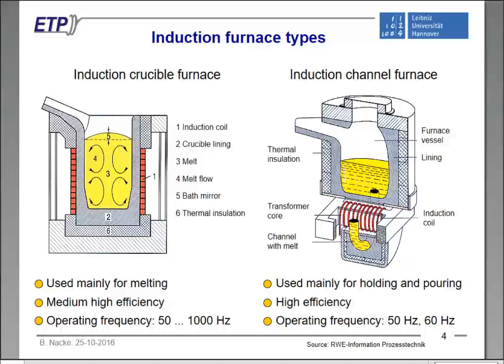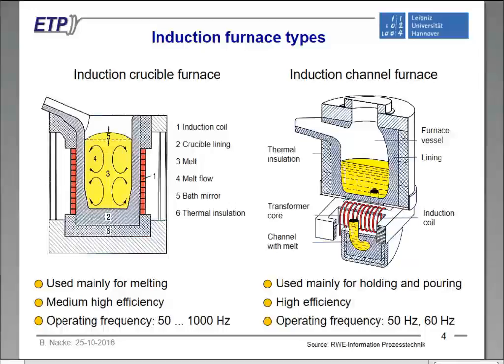But on the other hand, the channel furnace has a small disadvantage. Directly we heat mainly only the melt inside the channel here, and this means the heat which is generated here has to be transported to the melt inside the bars. So this principle is not called a direct heating method like in the crucible furnace type.